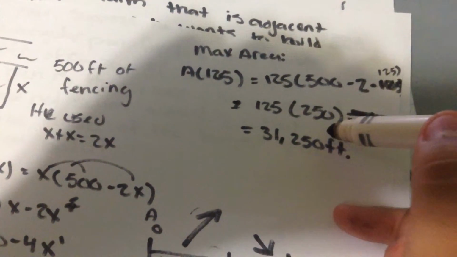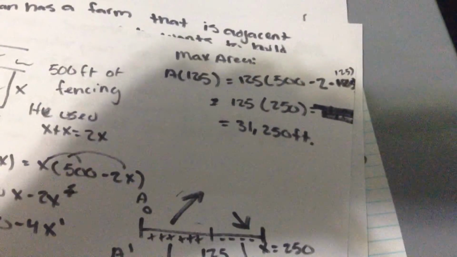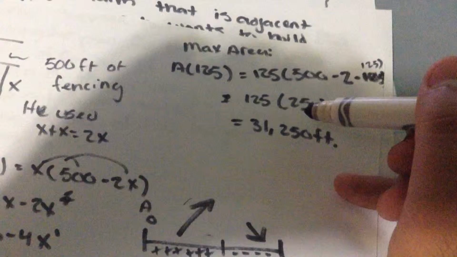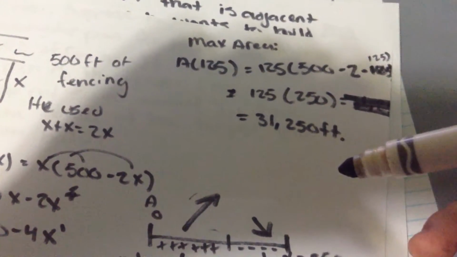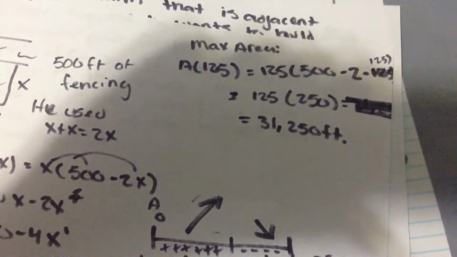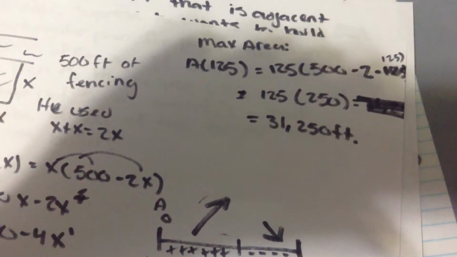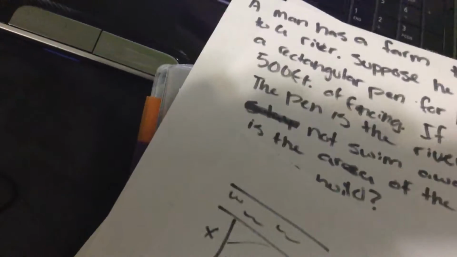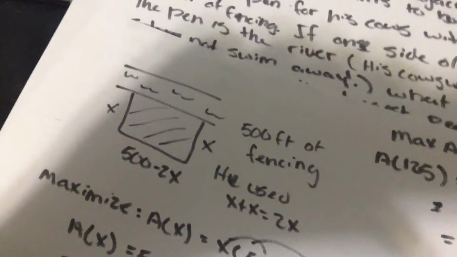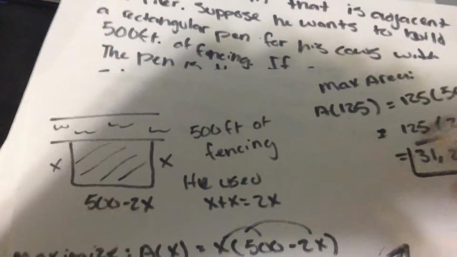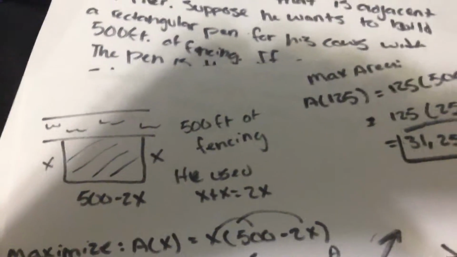Hold on. So it'll be 125 times 250, and that will give you 31,250 feet. Remember to label your units, and that would be the biggest area you could get. Squared feet. Remember that. That's pretty much it.